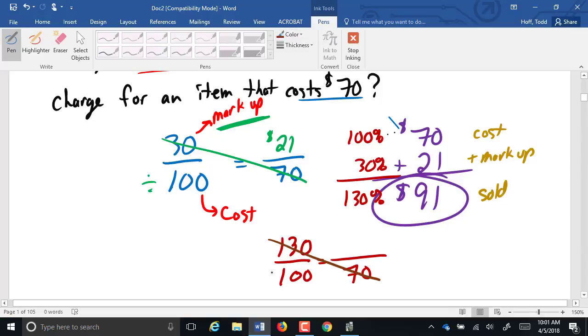And if we cross multiplied and divided, that would give us $91. Now, in these two examples that we did here, it doesn't make a whole lot of difference either way. But there are examples where we have to think of that, that 130% or the one up above, the 88%.